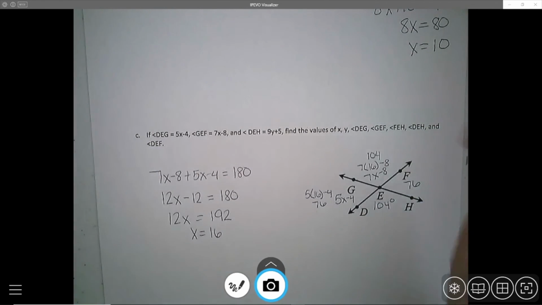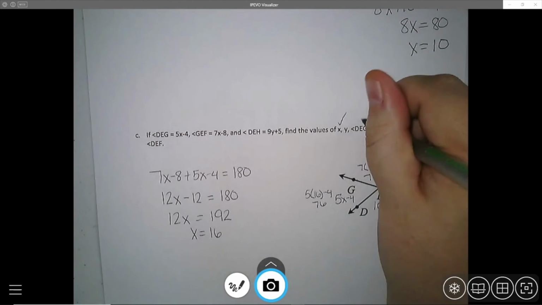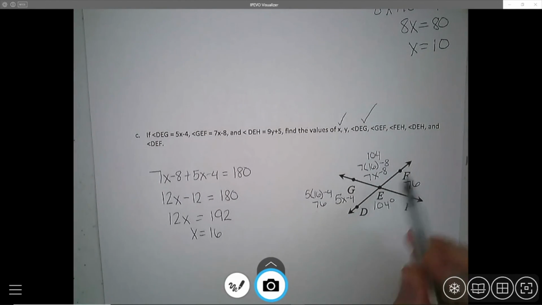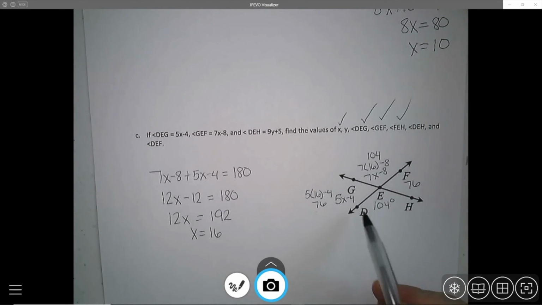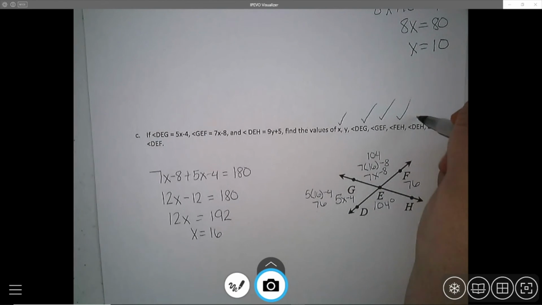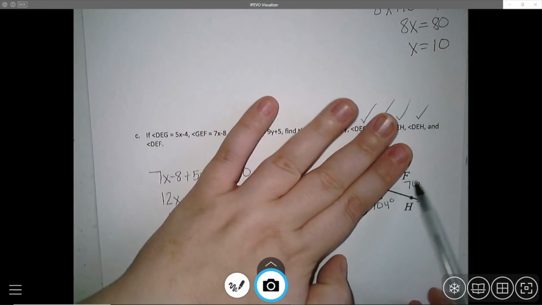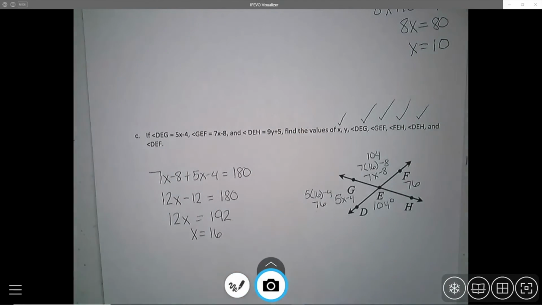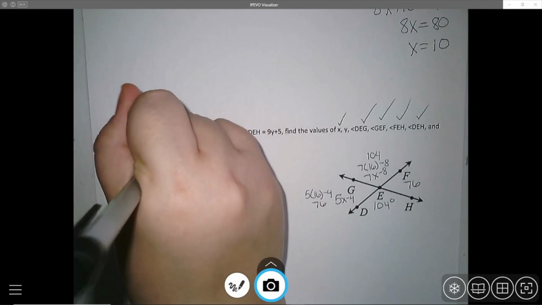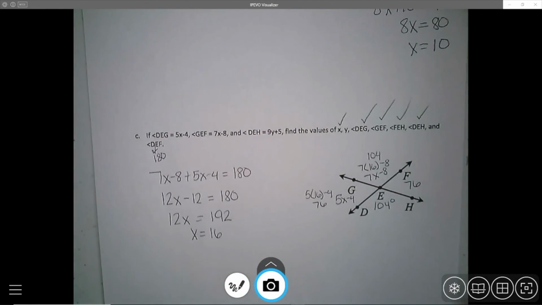I found x. DEG, I found that. GEF, I found that. FEH, I found that. DEH, I found that. DEF is this straight line. Straight lines add up to 180. I found that. The only thing I haven't found yet is y.